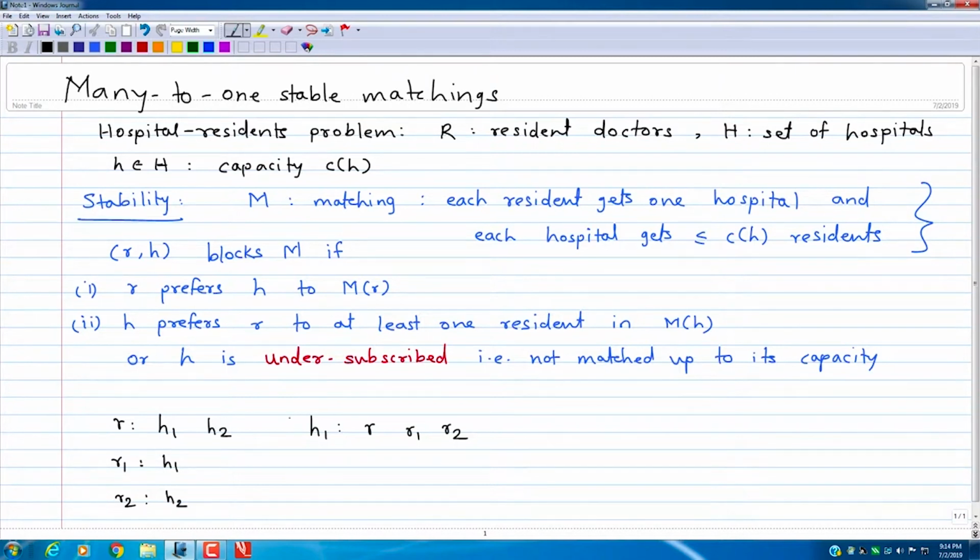And suppose H1 has capacity 2. I will write capacity like this in brackets. Now if M is the matching where H1 gets R1 and R2, and suppose R gets H2.